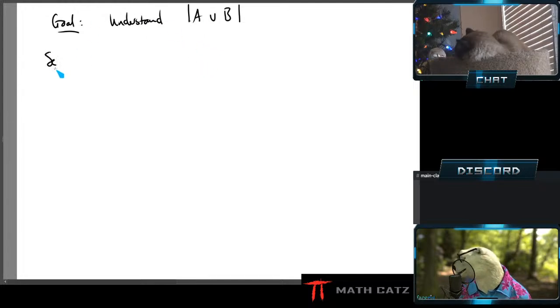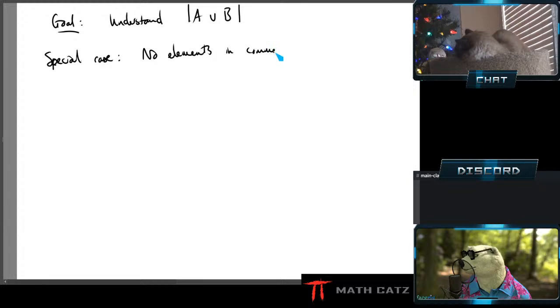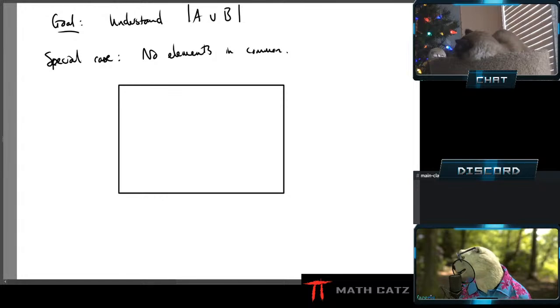Okay. So the first special case is if they have no elements in common. The intersection is empty. Then, because I have this extra information, I can visualize it as follows with a Venn diagram. I now have extra information that I can use to make my Venn diagram look simpler, only in this special case.